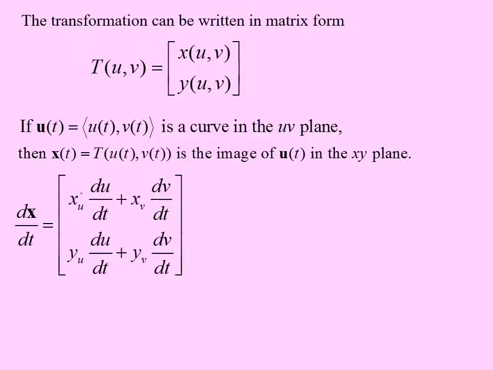We do the derivative of x with respect to u times the derivative of u with respect to t, derivative of x with respect to v times the derivative of v with respect to t, and so on.